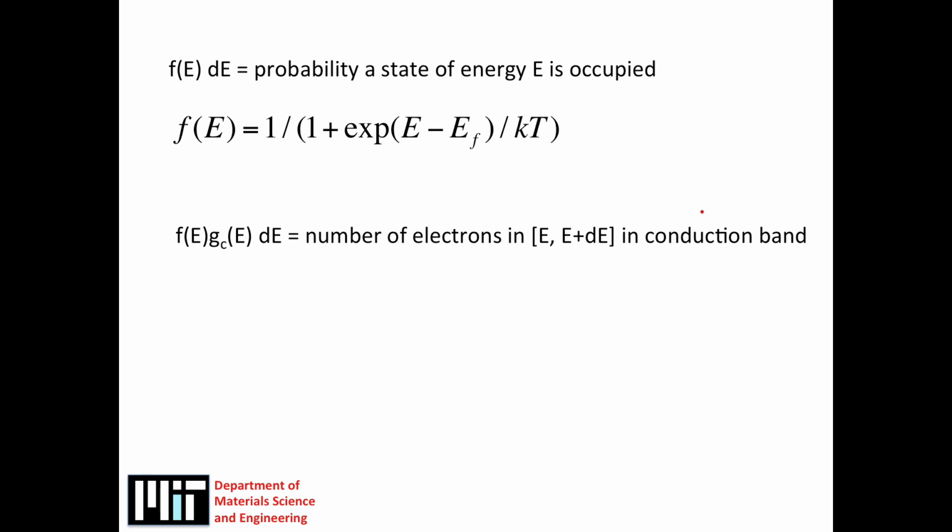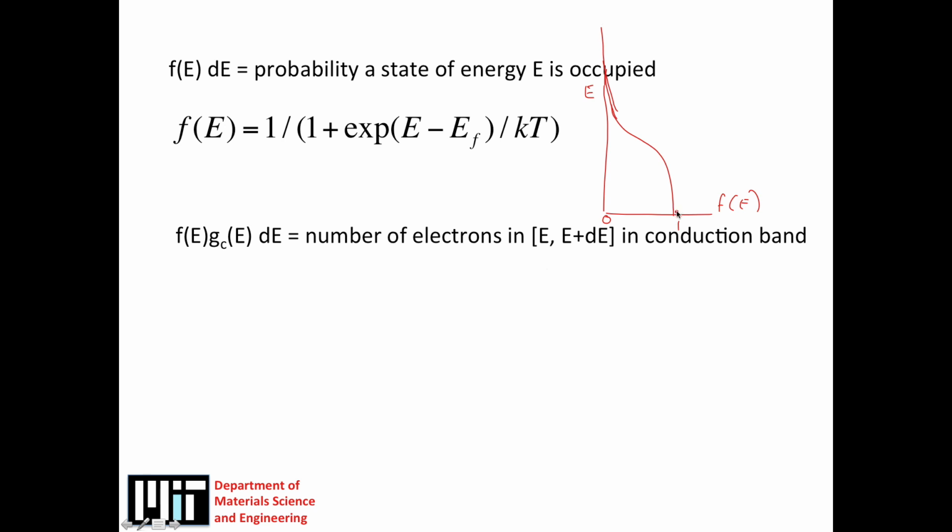So what shape is this function? If I can plot it out like this, this is energy and this is f(E), then it looks something like this. It's going to vary between 0 and 1, it's a probability. As we go up to very high energies, that probability goes down to 0. There's no chance of finding an electron at very, very high energies at thermal equilibrium.